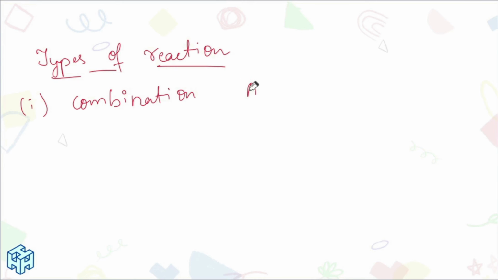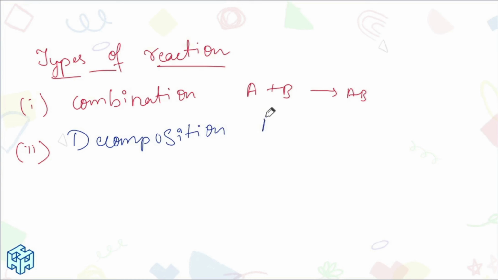Here two or more elements combine to give a single product. Then comes decomposition, where AB will give rise to two simpler elements, A and B.